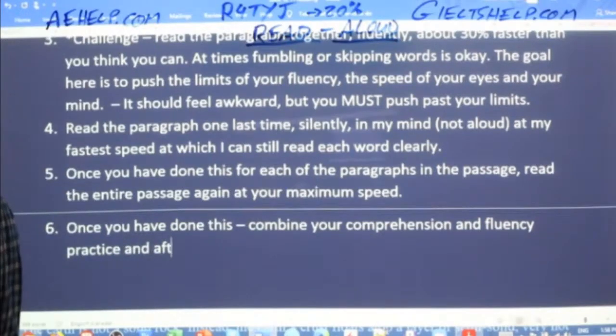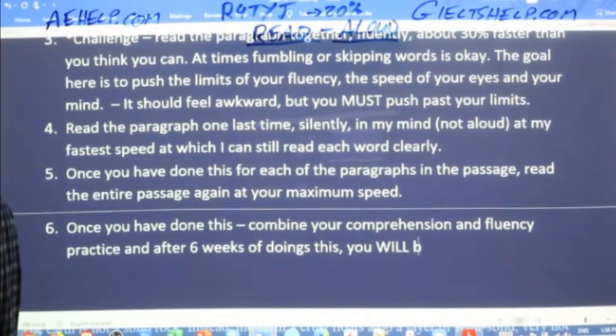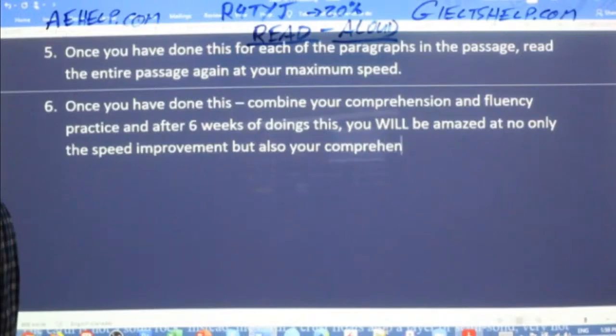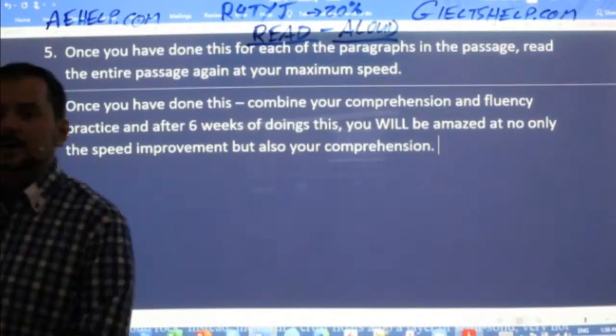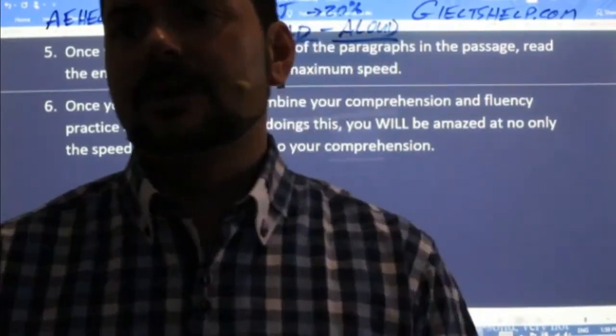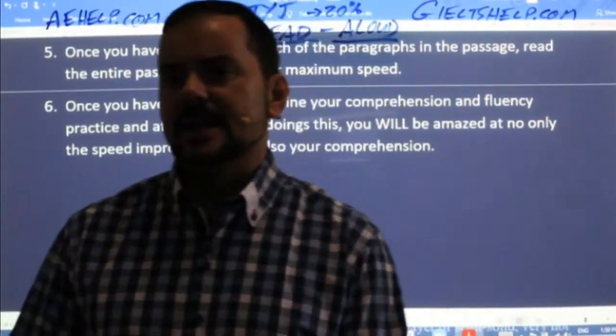And after 6 weeks of doing this, you will be amazed at not only the speed improvement, but also your comprehension. Okay, so that's the trick. Yeah, you would never do this in the real exam. Oh, God, no, okay? This is what you do before the exam, all right?